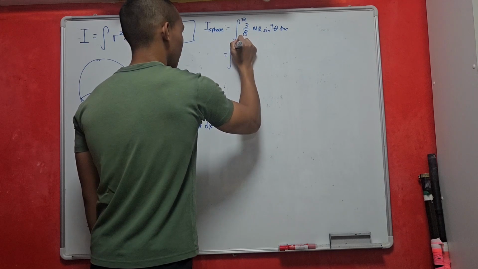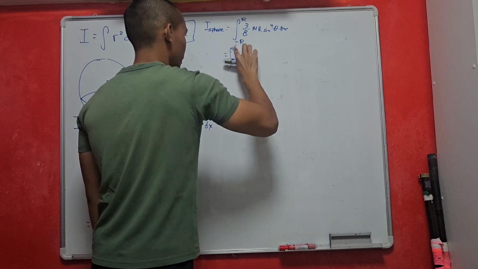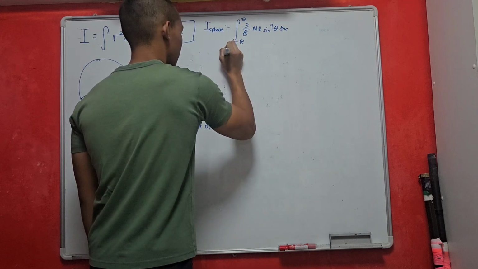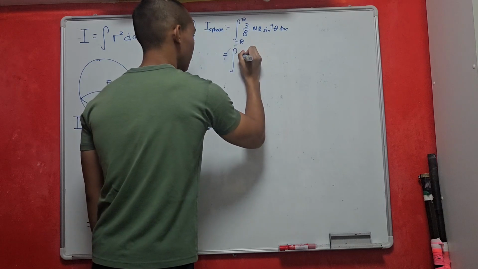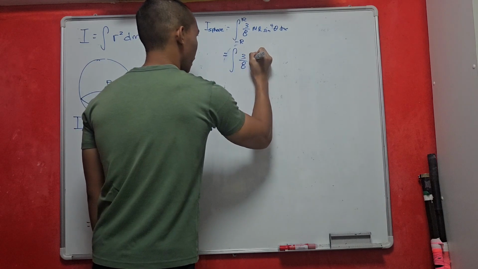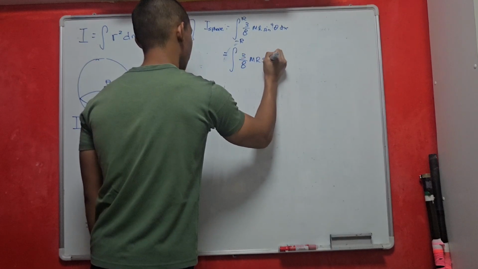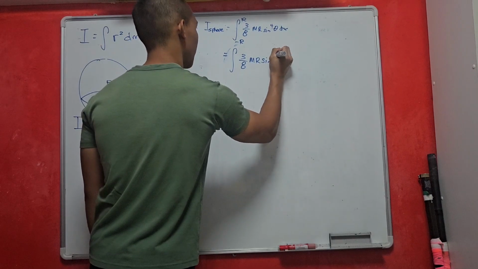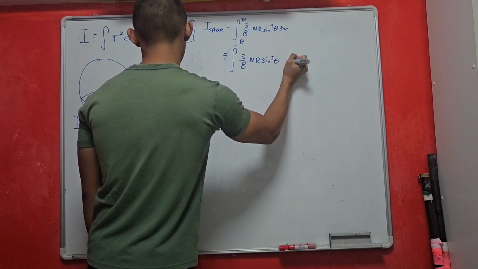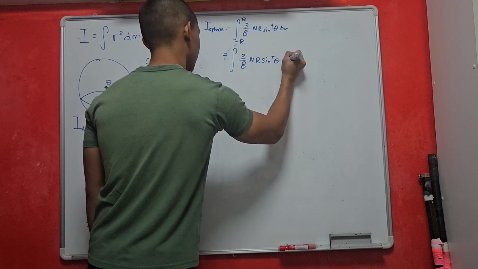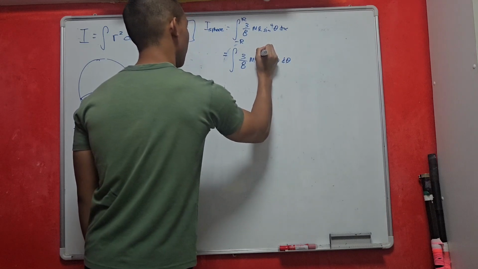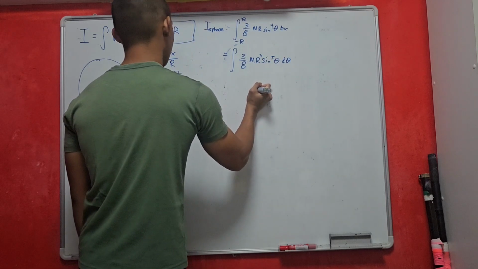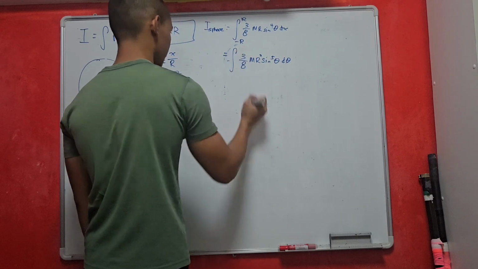So I'll get the integral of 3 over 8 m r sine of 5 theta d theta r squared, and negative.